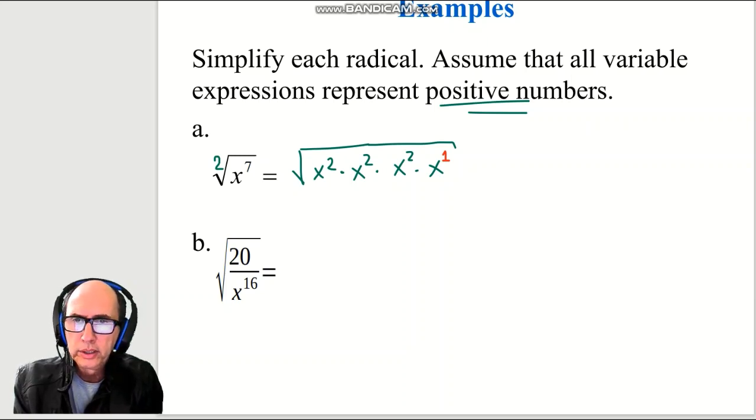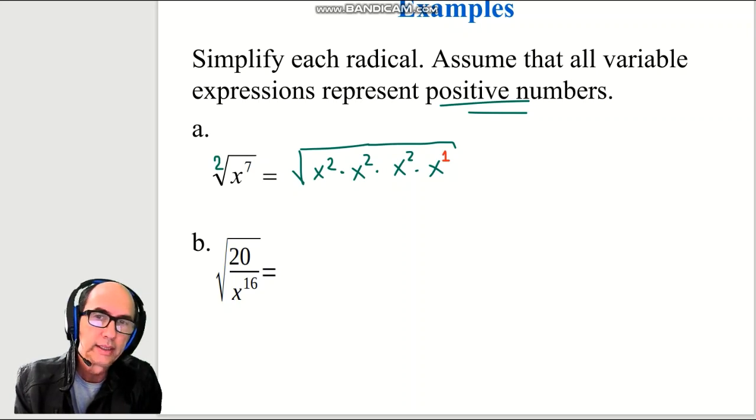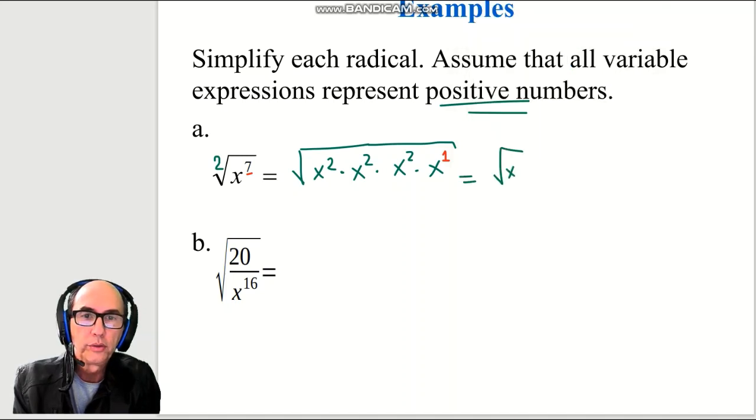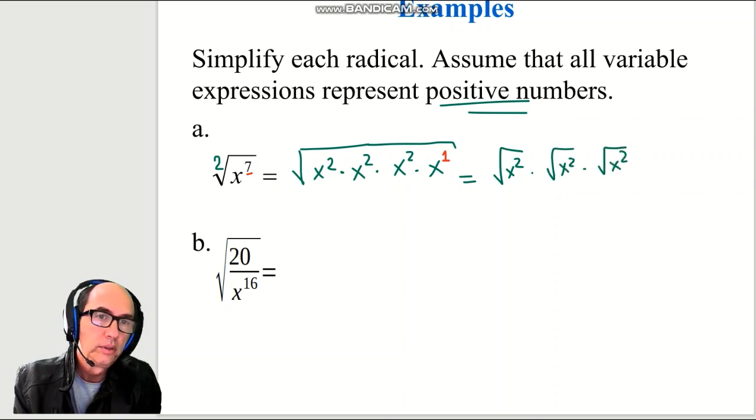Is that right? Because if you multiply x squared times x squared times x squared times x, we have to add the exponents, 2 plus 2 plus 2 plus 1, that's 7, right? And now we can simplify, because we know that the square root of x squared is x, and we don't know the square root of x, so we will keep it.